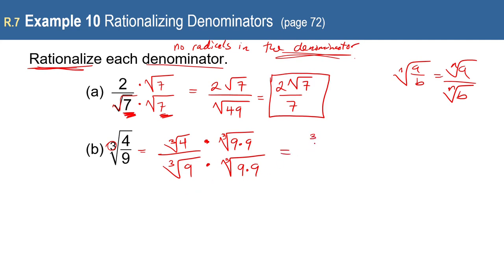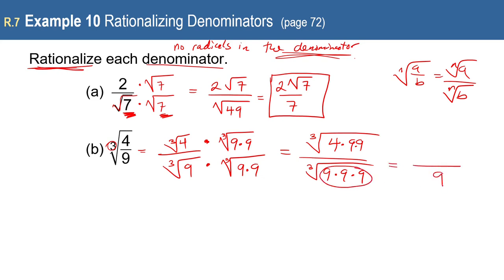This is simplified as the cube root of 4 times 9 times 9 over the cube root of 9 times 9 times 9. Notice on the bottom we can simplify this. This simplifies to 9. So the cube root of those 3 9s is just 9.